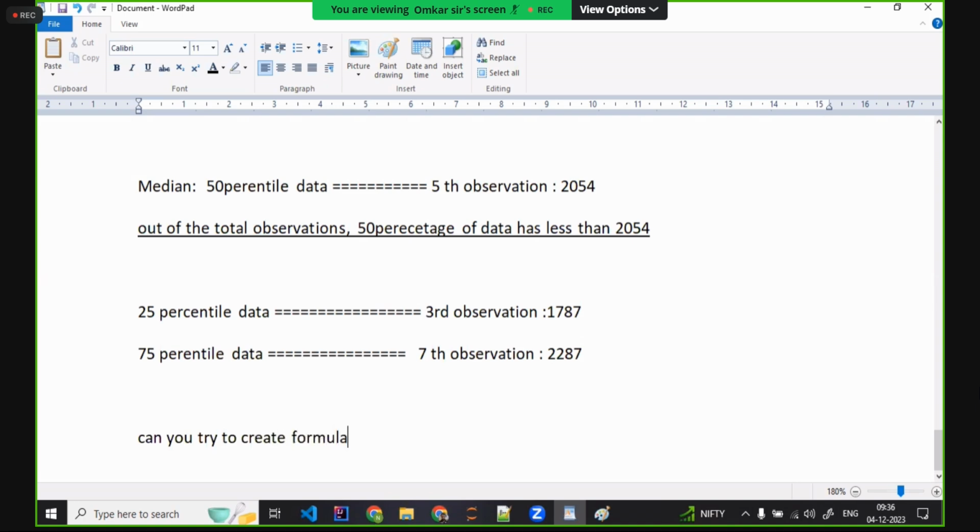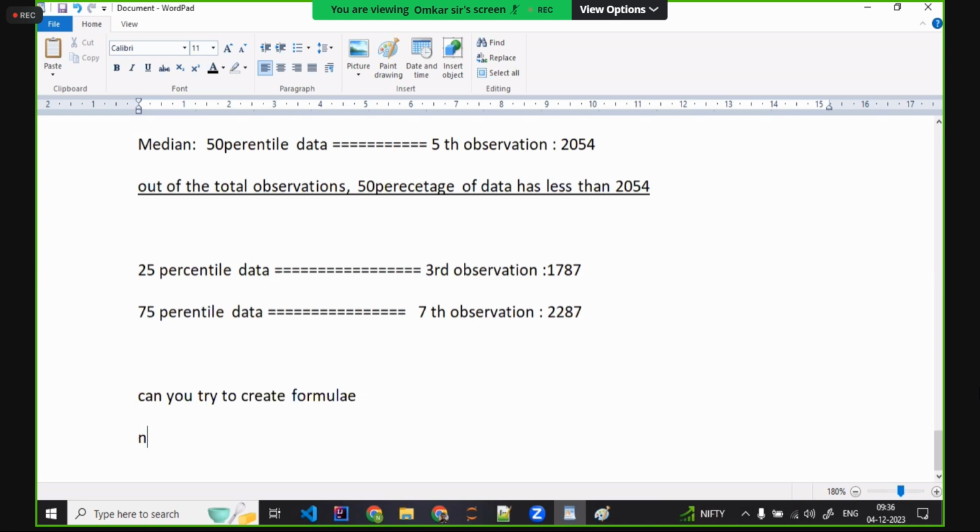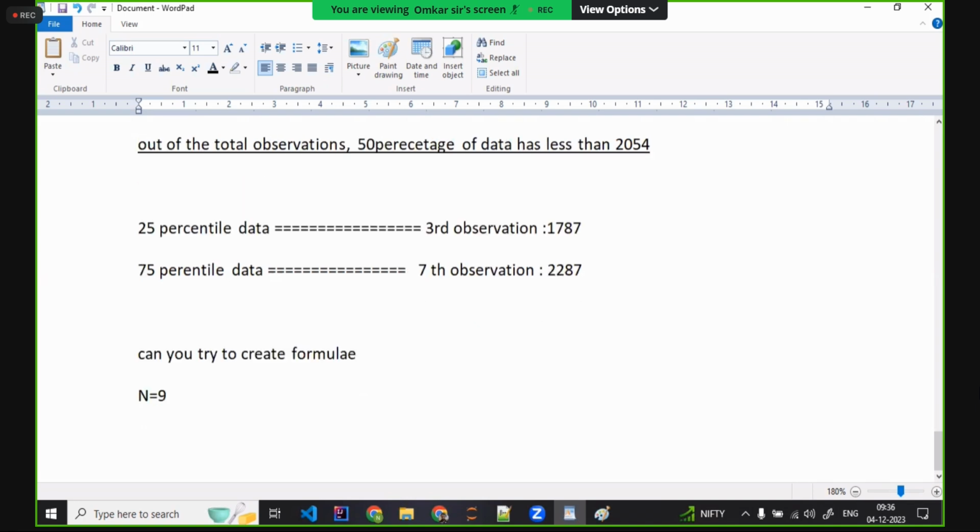If I provide number of observations n equal to 9, if I ask you p, which p? P is equal to 50, you are getting that observation number, which observation? Fifth observation you are getting.